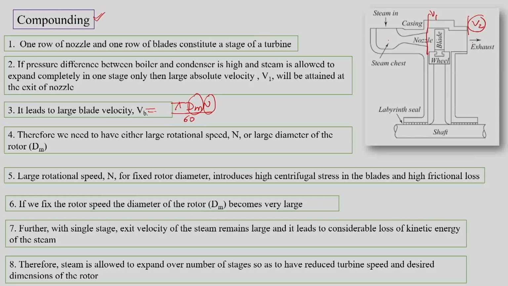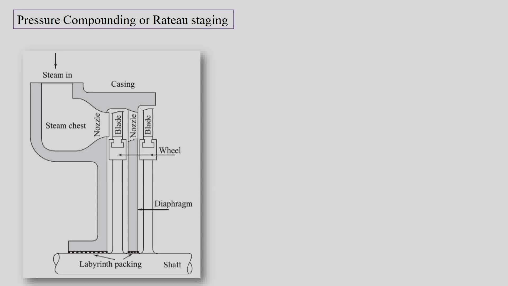So, steam is allowed to expand over a large number of stages so as to have reduced turbine speed or desired dimension of the rotor. The very first method of compounding is pressure compounding, also called Rateau staging. Here we see there will be multiple nozzles and multiple blades. One nozzle leads to some enthalpy drop and creates corresponding kinetic energy.